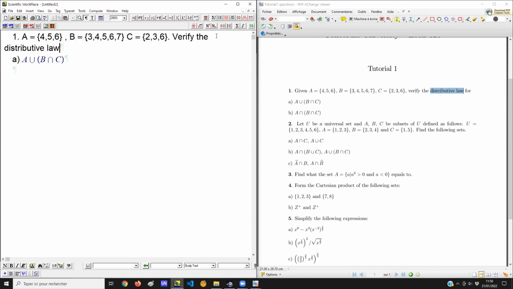No clue? Okay, we start with the parentheses and then we find the intersection between B and C. So what you're saying is we should basically just substitute this into these and then compute it, right? But that's the first step. Here what I'm asking is to verify the distributive law.